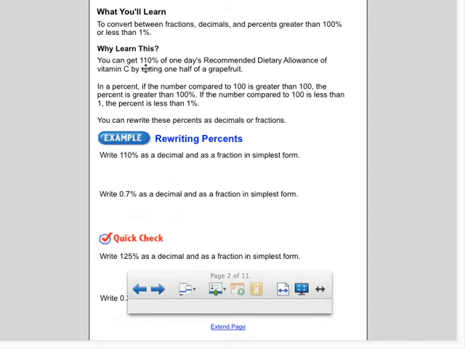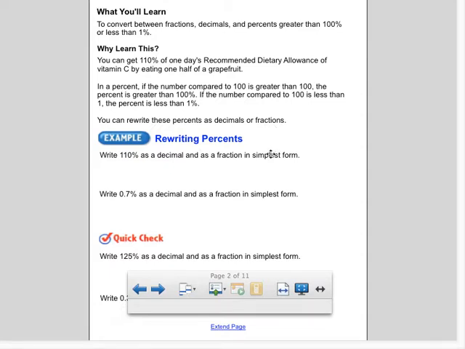You can get 110% of one day's recommended daily allowance of vitamin C by eating 1/2 of a grapefruit. In a percent, if the number compared to 100 is greater than 100, the percent is greater than 100%. If the number compared to 100 is less than 1%, the percent is less than 1%. You can rewrite these percents as decimals or fractions of a percent.